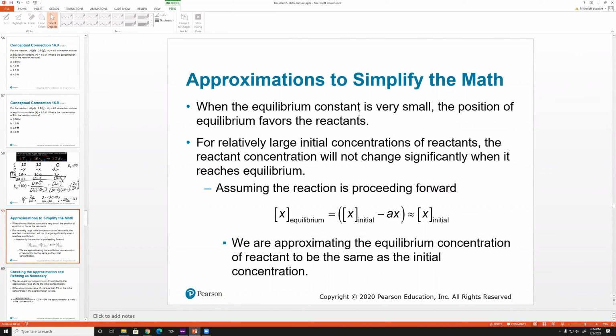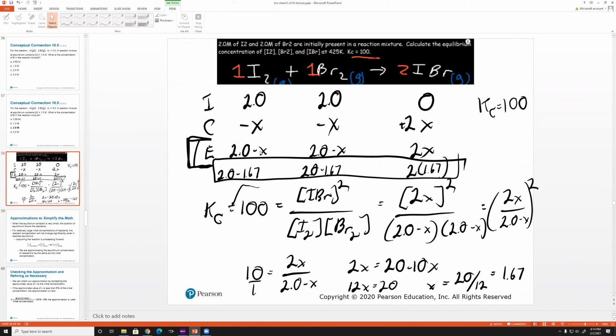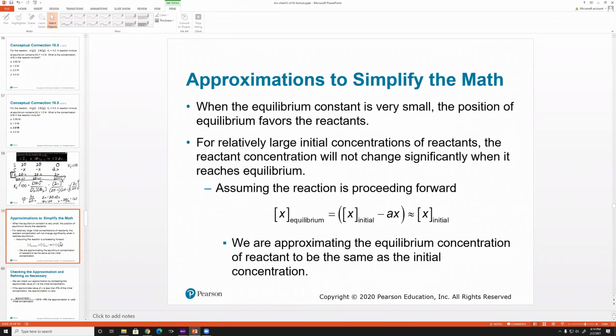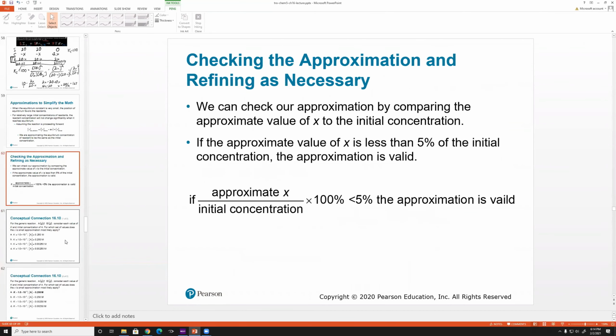If we were to do an ICE table, with this 2 minus X, we can assume this X would be 0 in cases that have a very large initial concentration and a very small equilibrium constant, which means the reaction will go towards the products in a negligible amount. This holds if the X value calculated is less than 5% of the initial concentration. Then we can say it's basically not going to change.